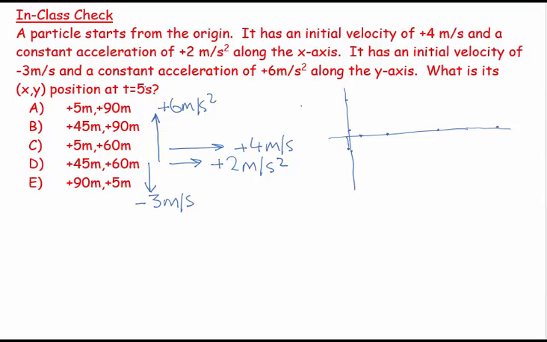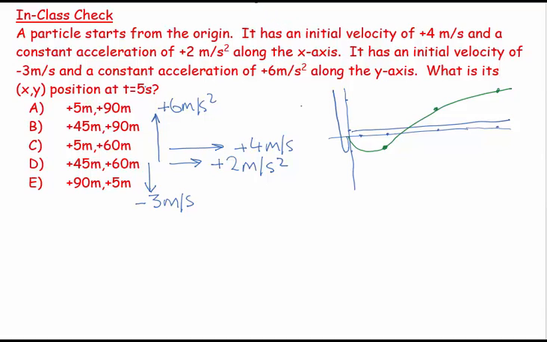If I put these together, you get something like that. And it's saying, at t equals 5 seconds, what are your x and y coordinates? Well, you could be down here, you could be up here, you could be over here. There's really no way of telling. So we just got to work this thing out step by step.